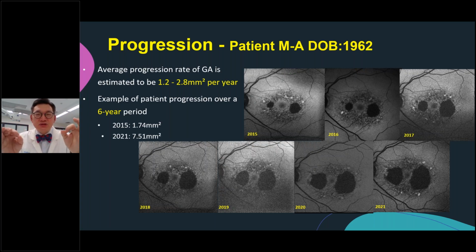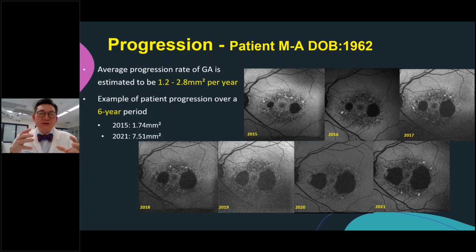That black patch, or the bald patch in the shag pile carpet, is just getting a little bit larger each year, and we estimate it to be about 1.2 to 2.8 millimeters per year. This is a fairly typical case of progression of geographic atrophy.